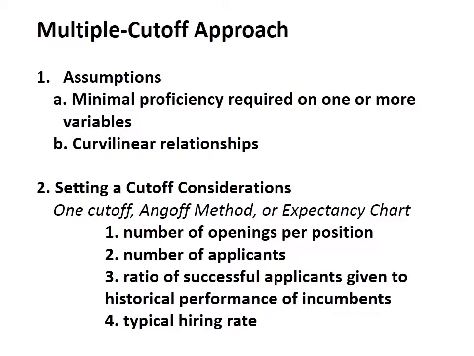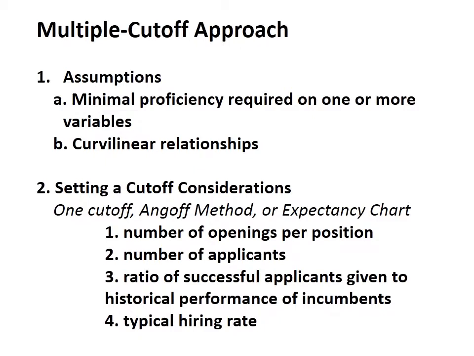Now, an advantage to multiple cutoff approaches: remember that multiple regression would allow very high scores in other measures to make up for a deficiency in a poor score. So using multiple regression, you could get someone who is predicted to do very well at their job because they're very high on personality, cognitive ability, and interviewing. However, they actually don't have the base level skill to do the job.